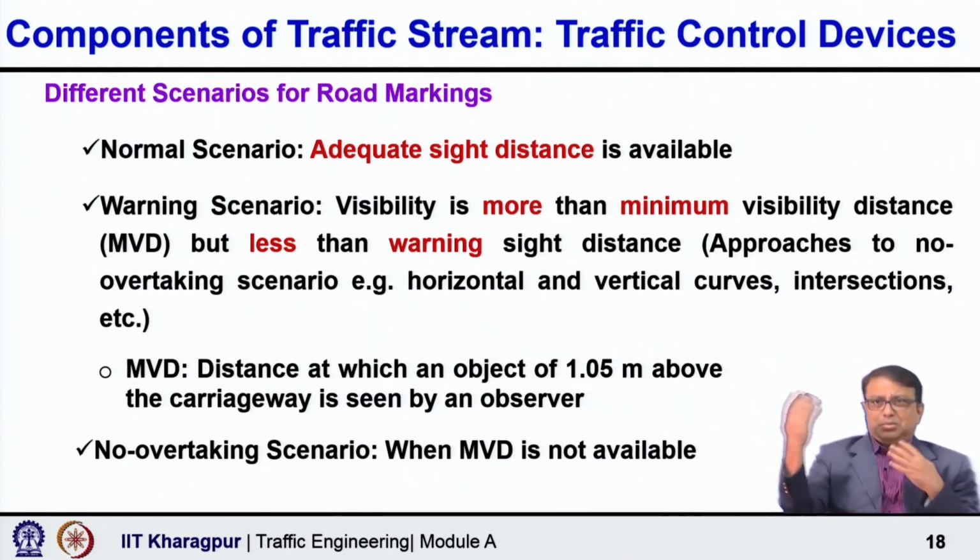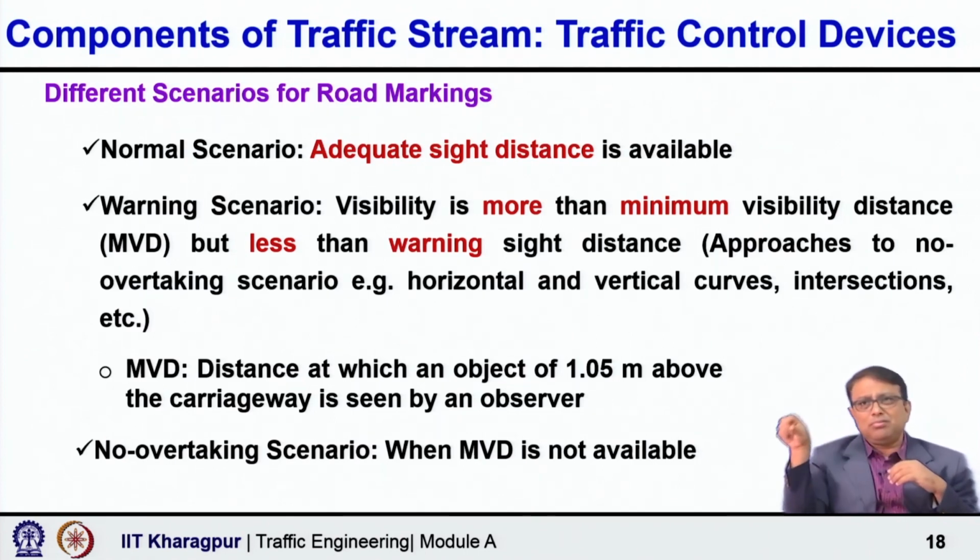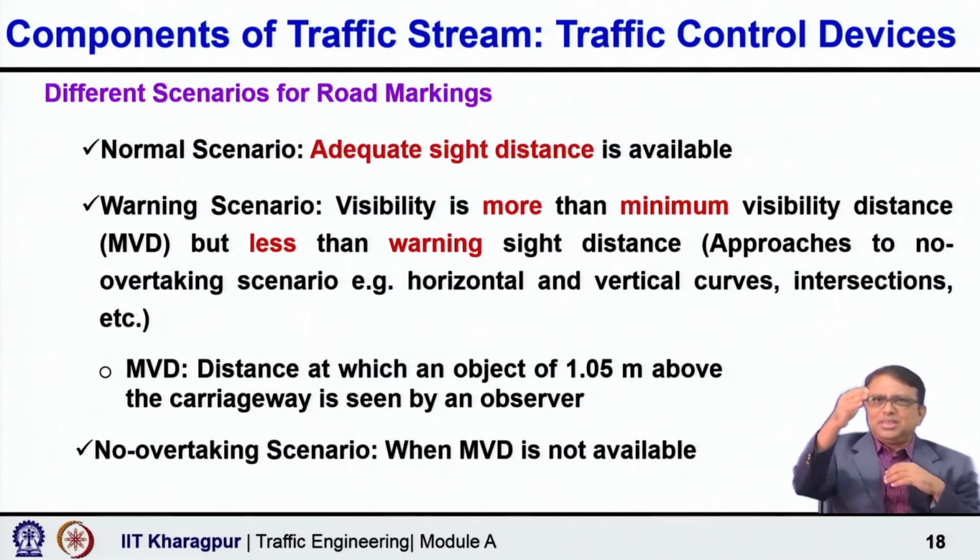Vehicles coming from opposite directions cannot see each other, so safe visibility distance is not available. There you will give a no overtaking scenario, probably a solid line indicating that you cannot cross.